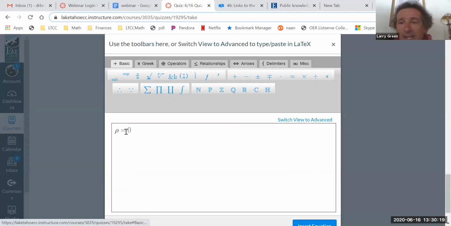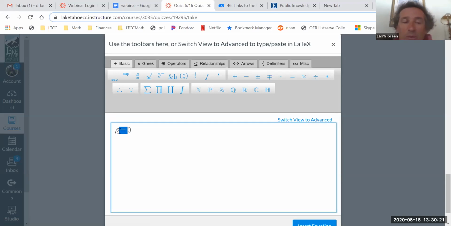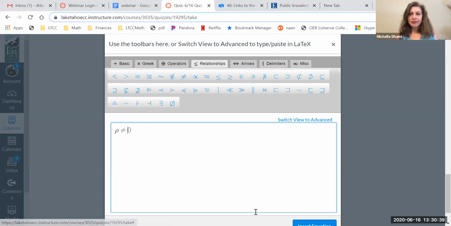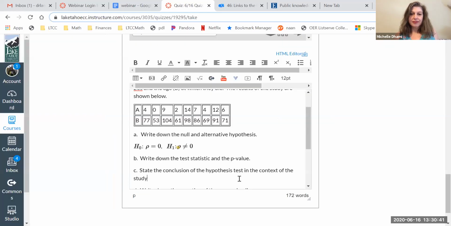If we want to find out if there's a correlation, what is the inequality for the alternative hypothesis? So rho is different than, or not equal to. Any questions on part A?